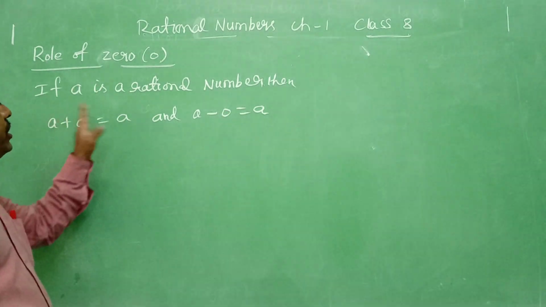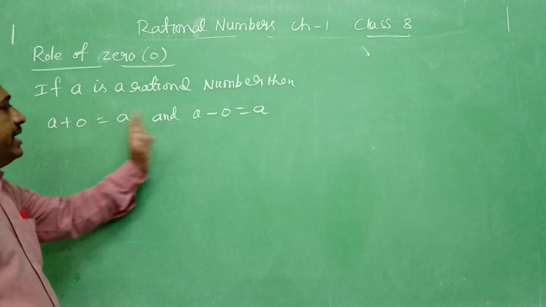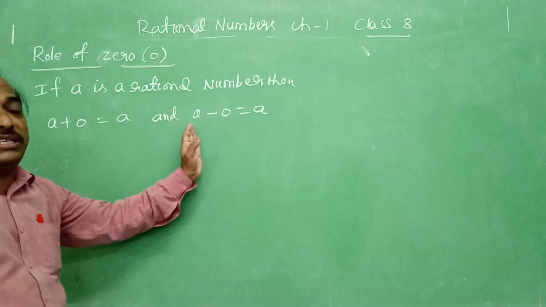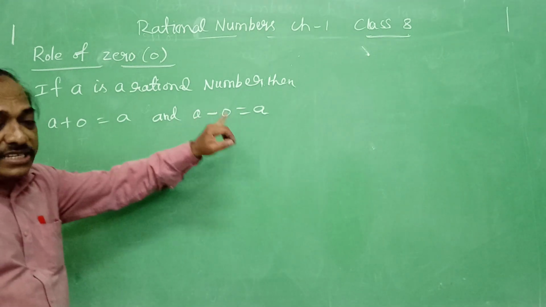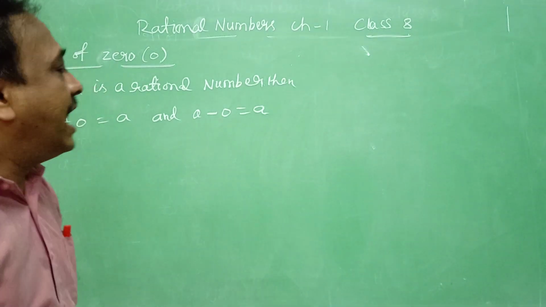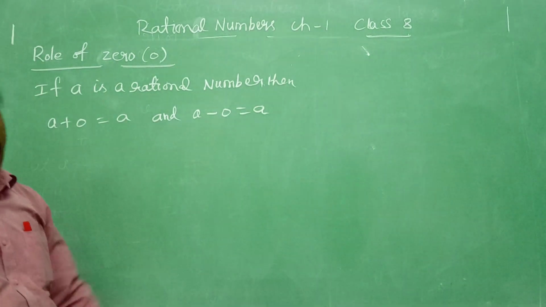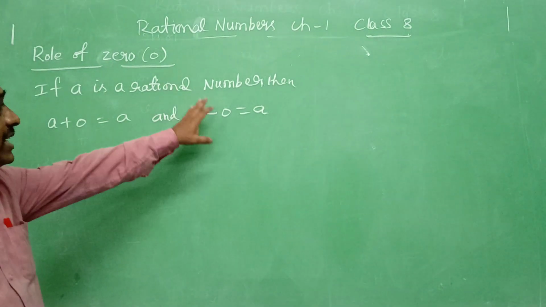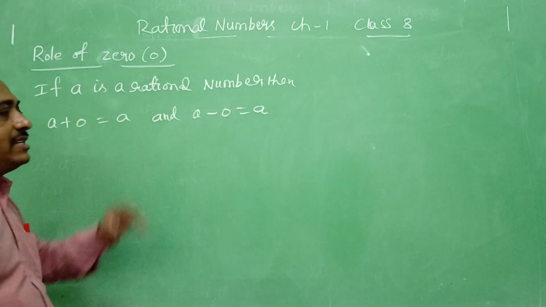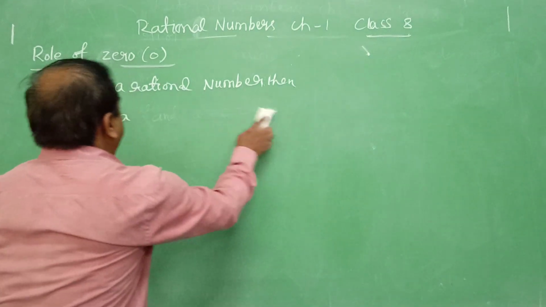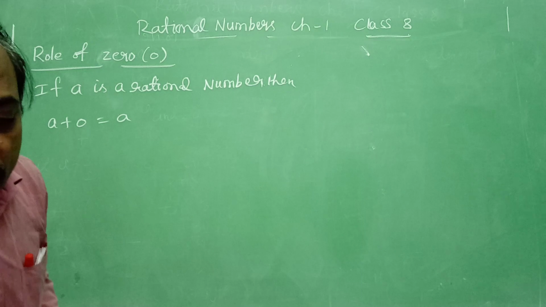A plus 0 you add, or 0 plus A. A minus 0, but 0 minus A may not be the same as A plus 0 and A minus 0. Either you subtract or you add 0 from the number or to the number, the result remains the same. So A plus 0 is equal to A.